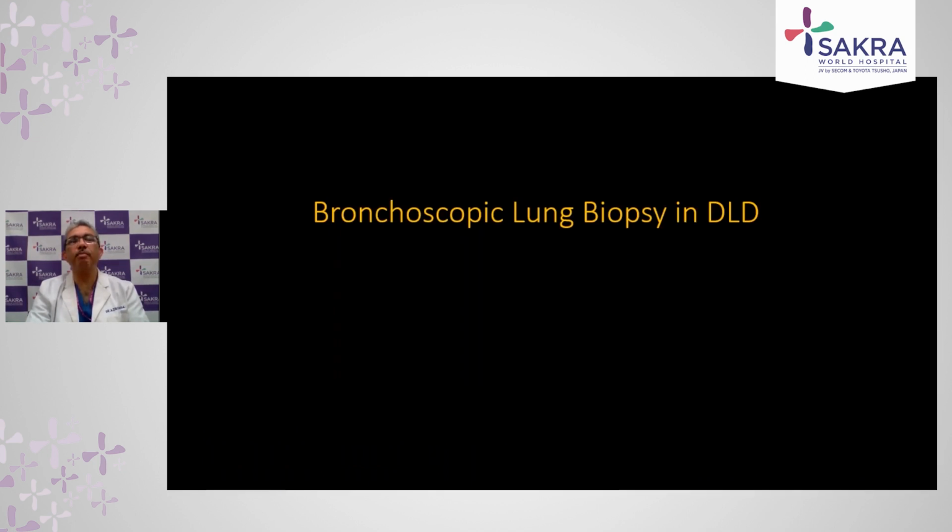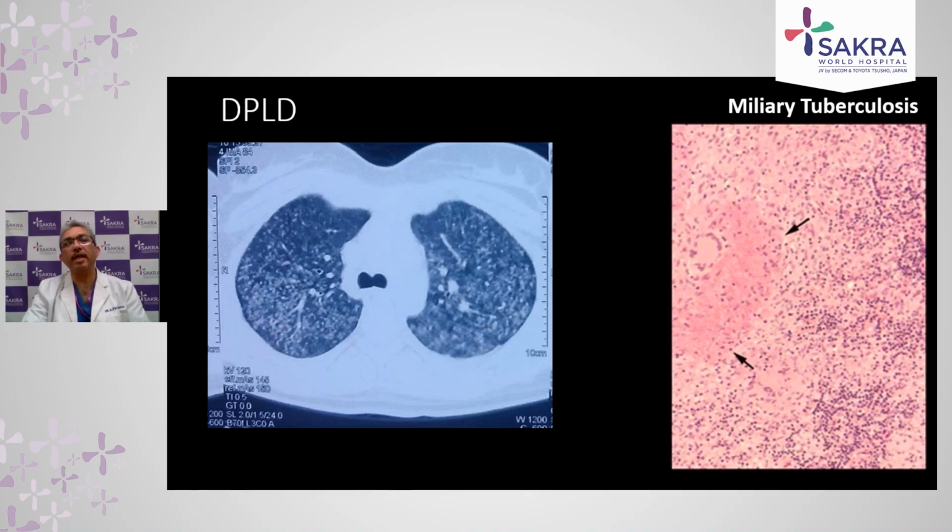So bronchoscopy has an important role apart from the BAL, which we mentioned, in ruling out infection, and BAL for confirming the diagnosis of diffuse alveolar hemorrhage. We can take bits of lung biopsy, as I mentioned in sarcoidosis, to confirm the diagnosis. Now, this is a case where miliary tuberculosis was found on biopsy. The BAL was negative for AFB, but on the biopsy, we found these areas of caseating granulomas in the patient.